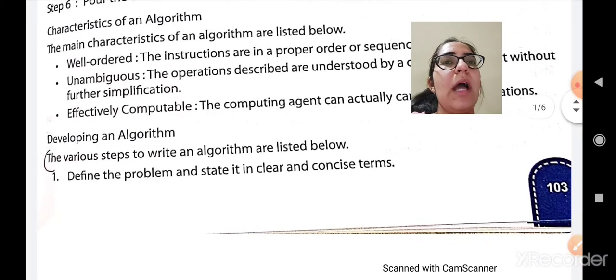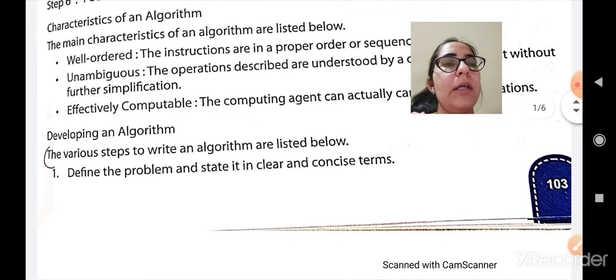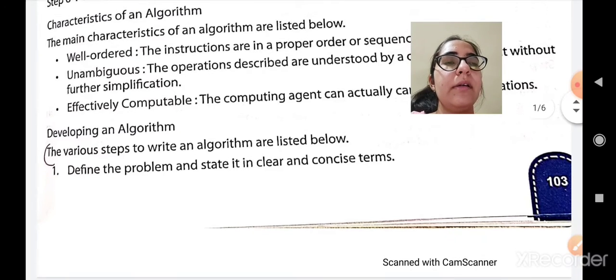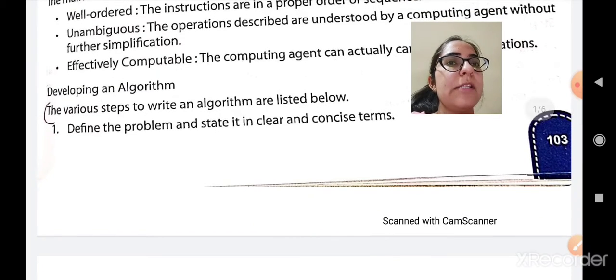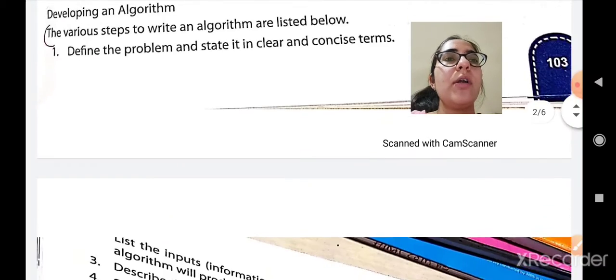Now let us see how to develop an algorithm. The various steps to write an algorithm are listed below. First, define the problem and state it in clear and concise terms. It means first you have to define what your problem is and for what you are designing an algorithm, and it should be very clear and very concise.